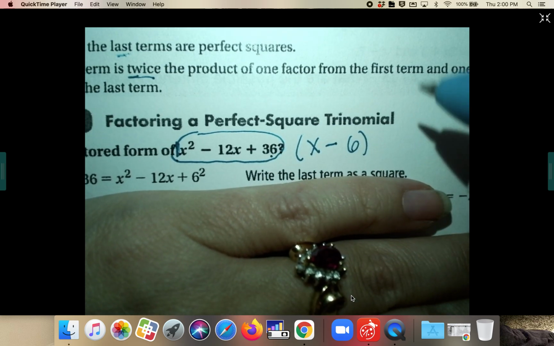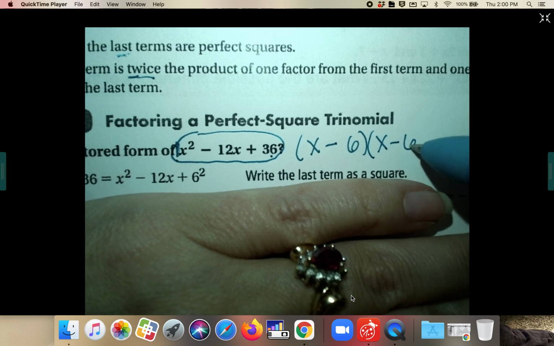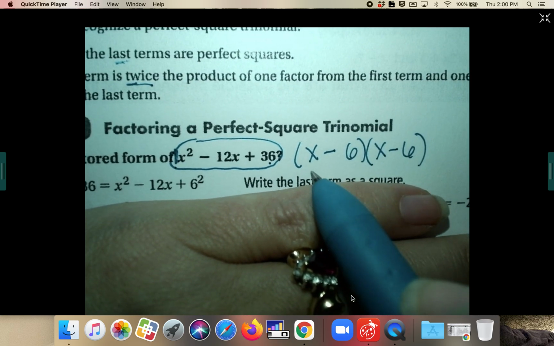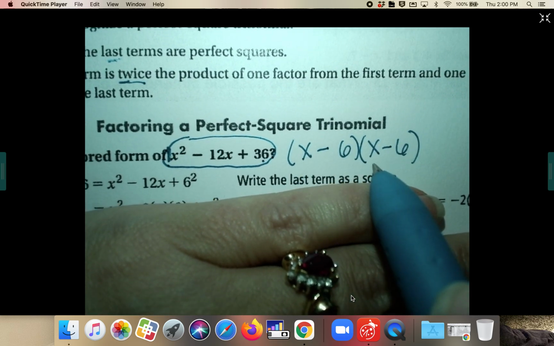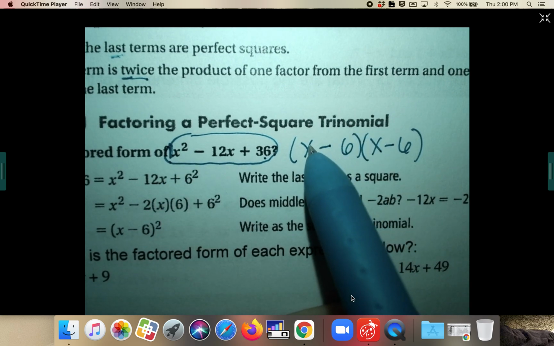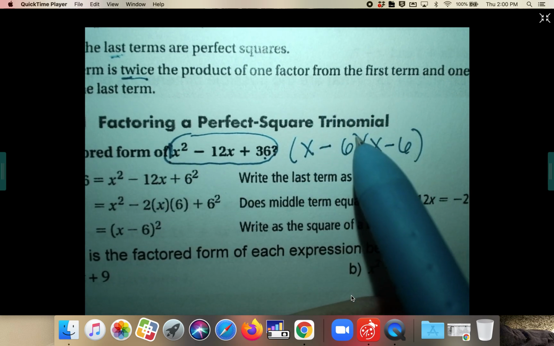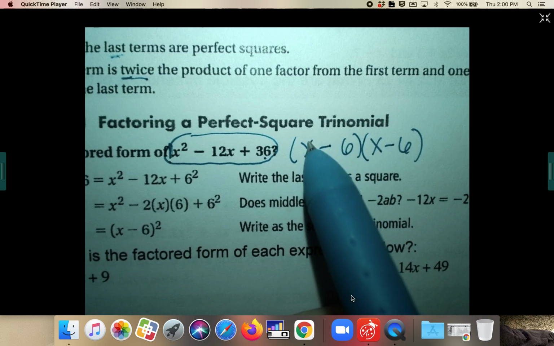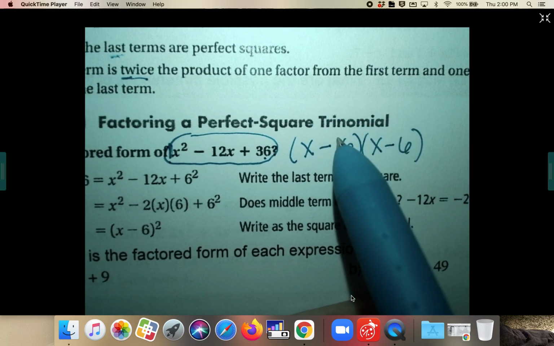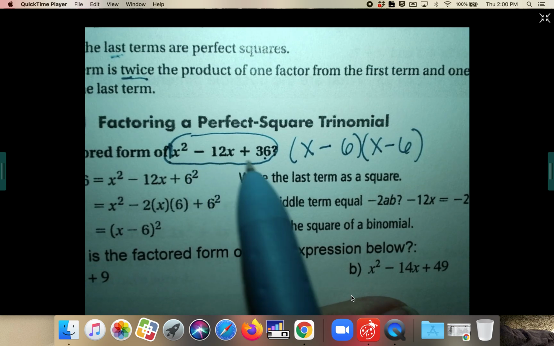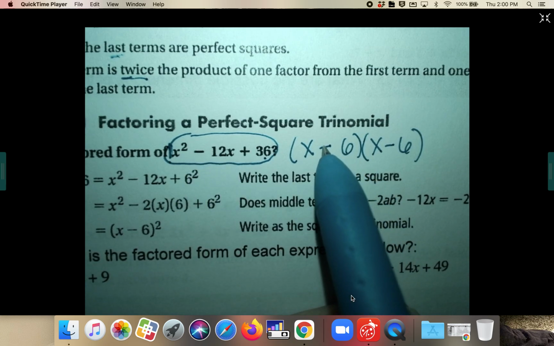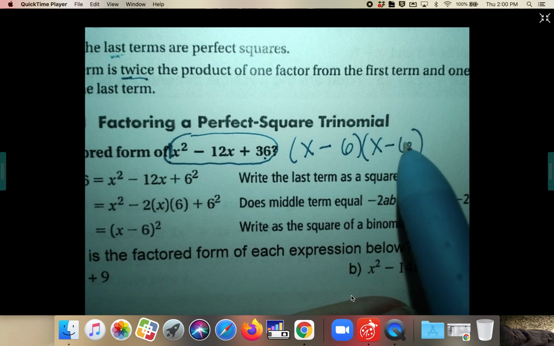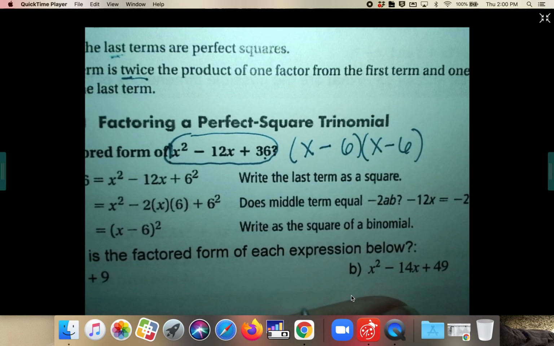So two of them is technically the answer, because if you FOIL it, x times x is x squared. Outsides would be negative 6x, insides would also be negative 6x, and the outsides and the insides are like terms, so negative 6x plus negative 6x is negative 12x, and then the lasts are negative 6 times negative 6, which, negative times negative, is positive 36.